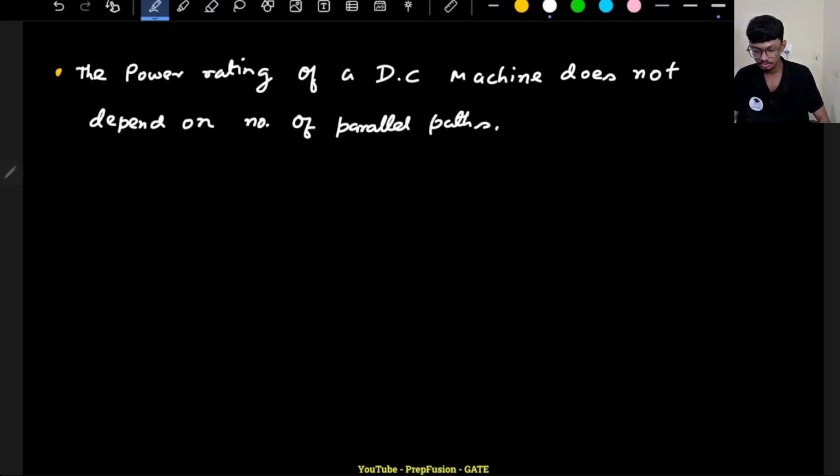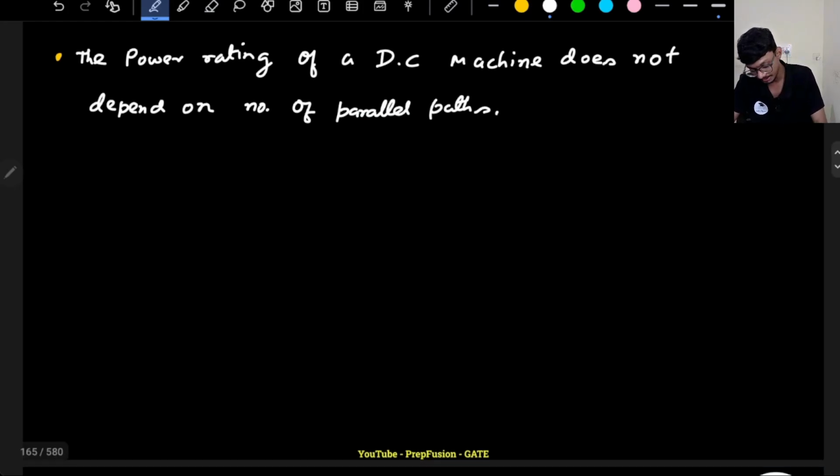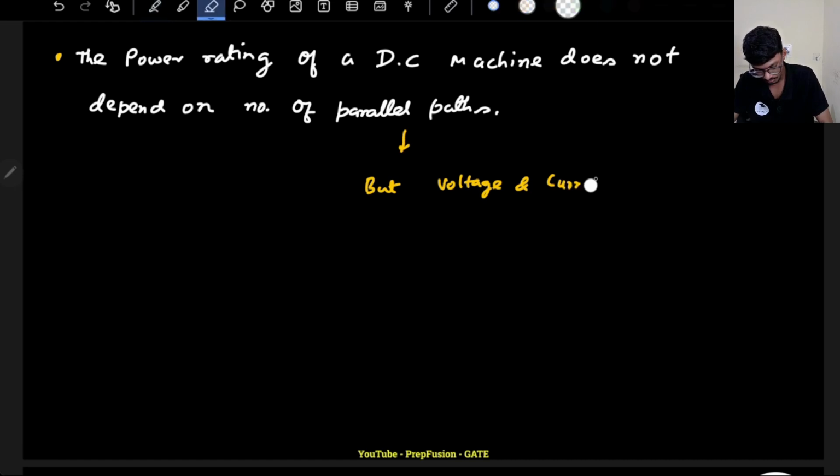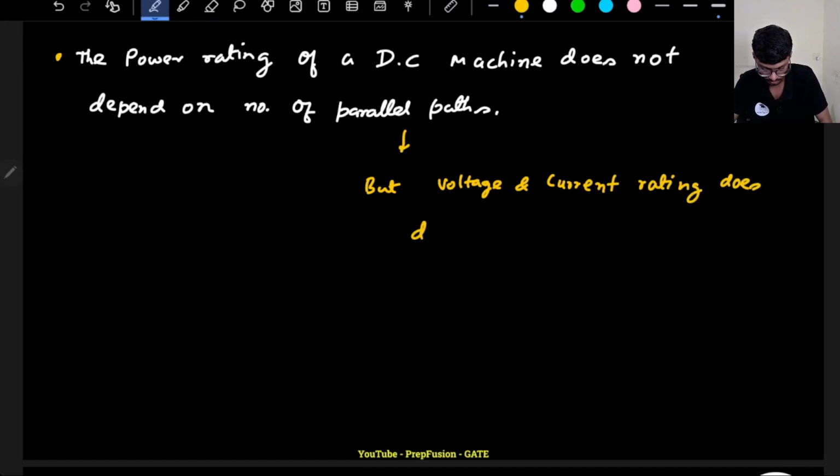So these are the few things you should keep in mind: the rating will not depend on the number of parallel paths, but the voltage and current rating does depend on it.